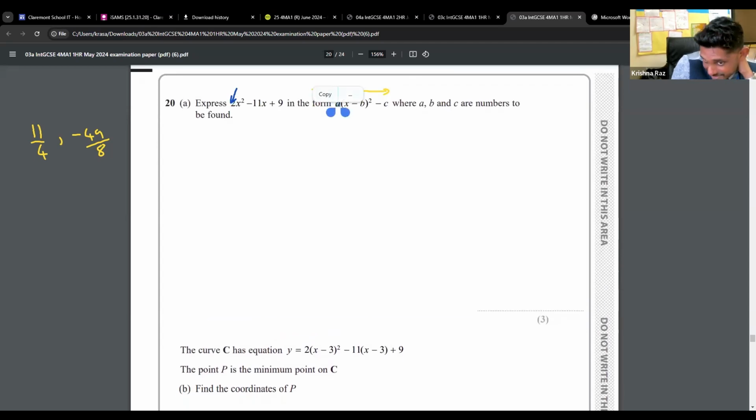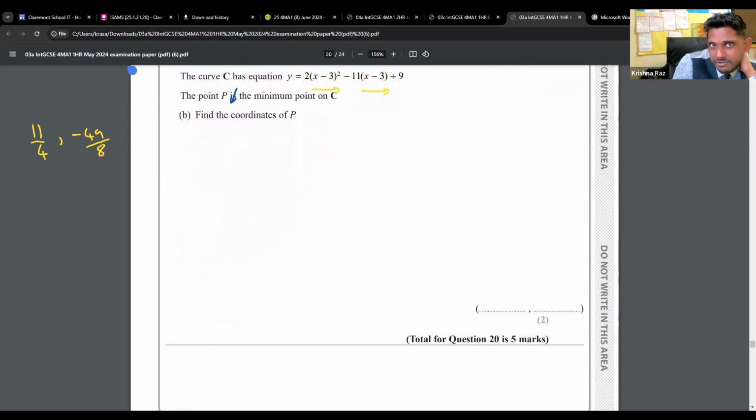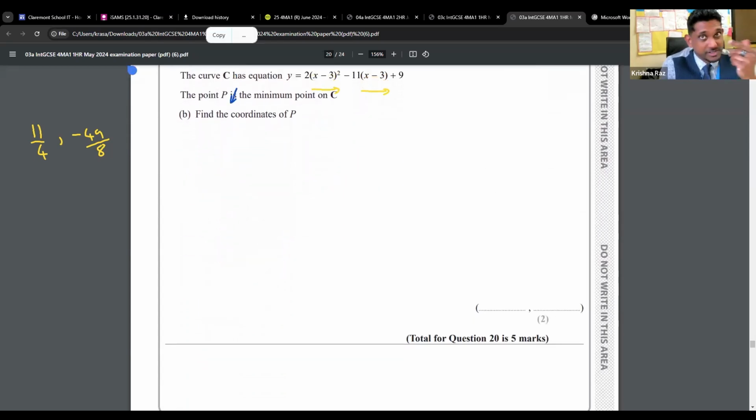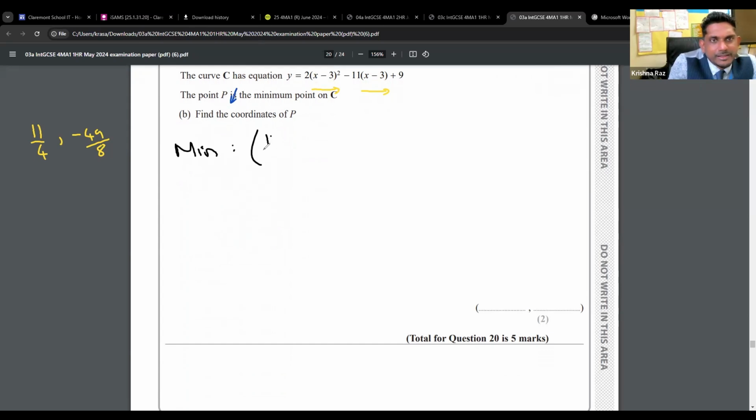Instead of having x, it says x minus 3, which is a graph transformation of 3 to the right. So if our minimum point originally was at 11 over 4 and minus 49 over 8, then if we move this 3 to the right, it's going to affect that coordinate.